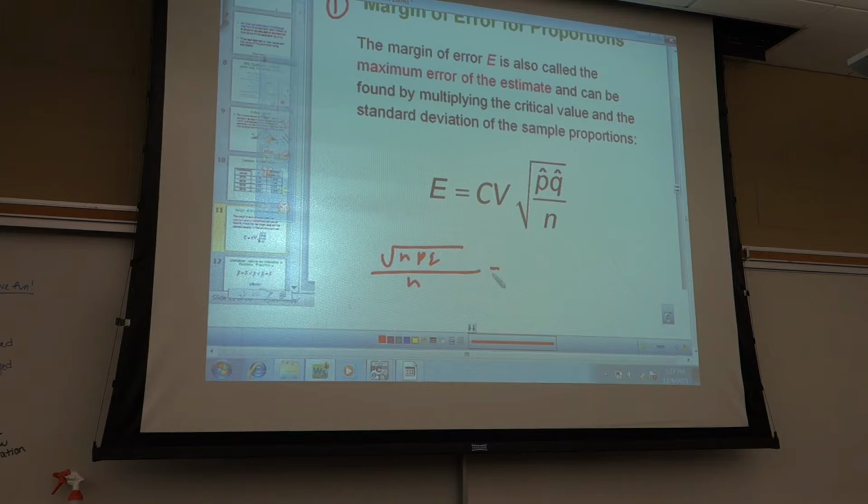So then this ends up being square root of n times square root of pq divided by square root of n times square root of n. So then these guys would cancel out and you're left with that part there, which is the same part. That's where it comes from. It derives from that same standard deviation.